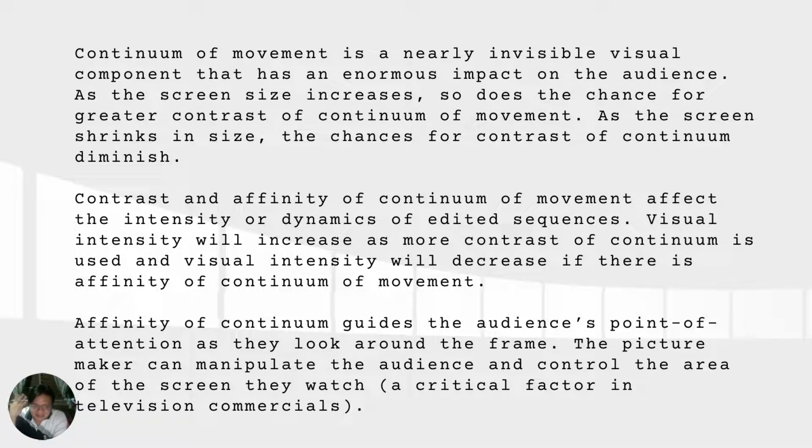Right, as an audience, you shouldn't really mind the editing. Okay? Affinity of continuum of movement improves visual continuity and is such a powerful visual tool that it can disguise visual errors, including continuity mistakes and the screen's direction problems. Affinity makes visual events and transitions appear continuous and smooth.